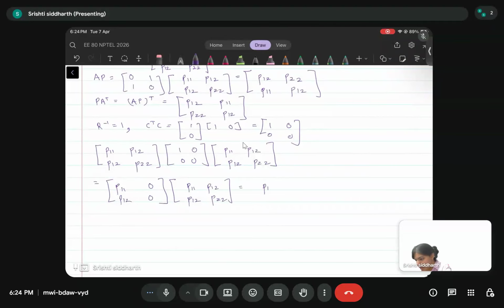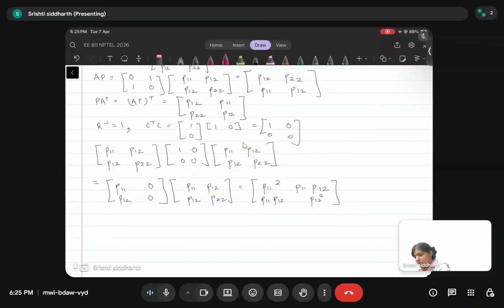This is P11 square, then P11 P12, then P11 P12, and this is simply P12 square.